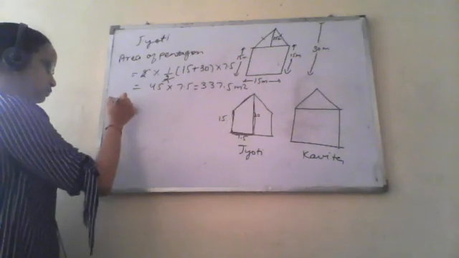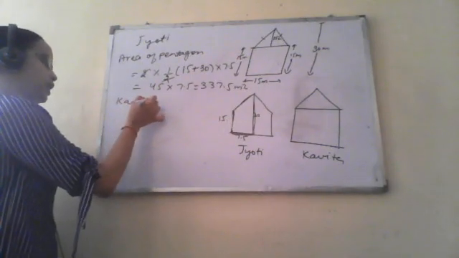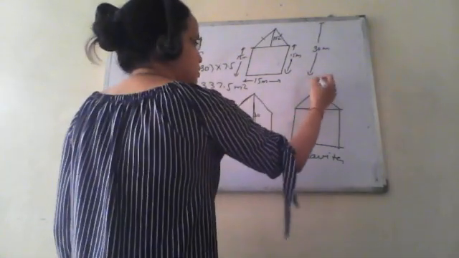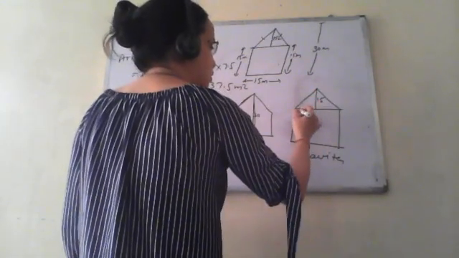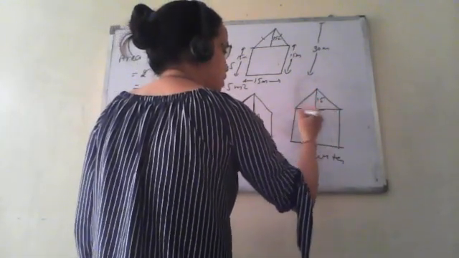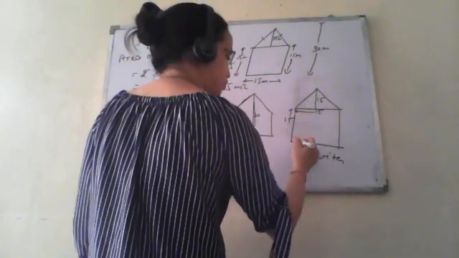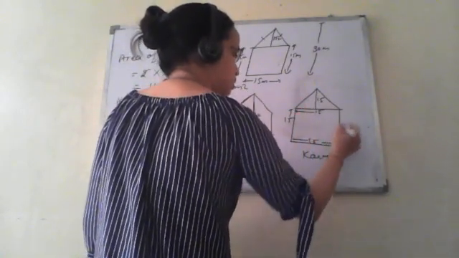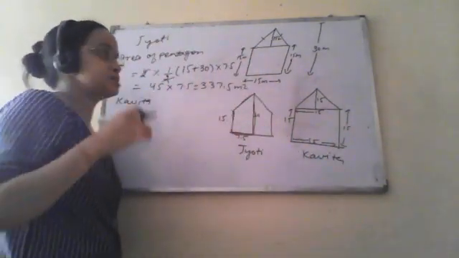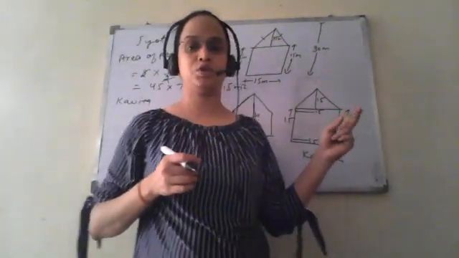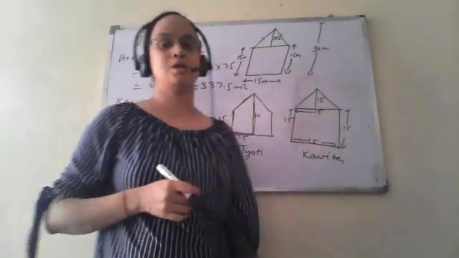Kavita will calculate like this. This is 15, this is 15, this is 15. Kavita has divided this pentagon into two shapes, one is a triangle and one is a square.